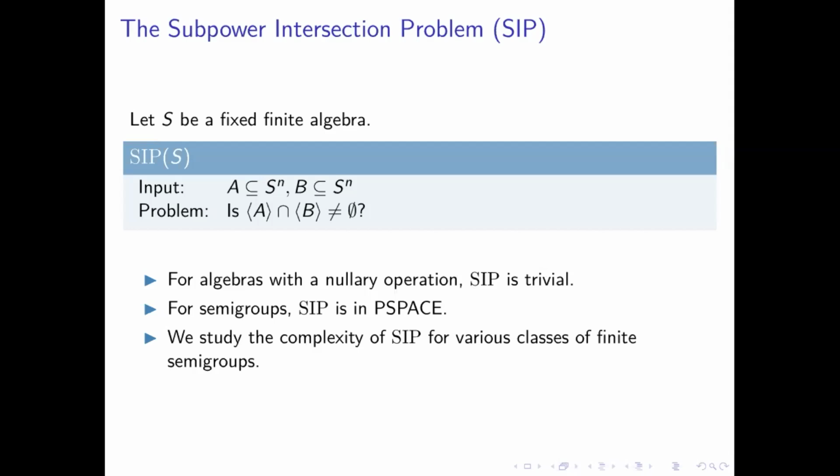You might notice already that for algebras with nullary operations, SIP is trivial because there is always a constant element. So we're interested in the subpower intersection problem for algebras without nullary operations. And in this talk, we'll talk about SIP for finite semigroups.